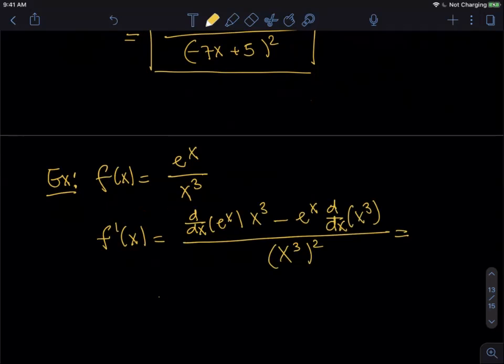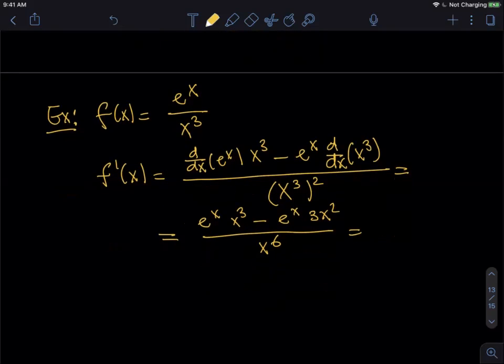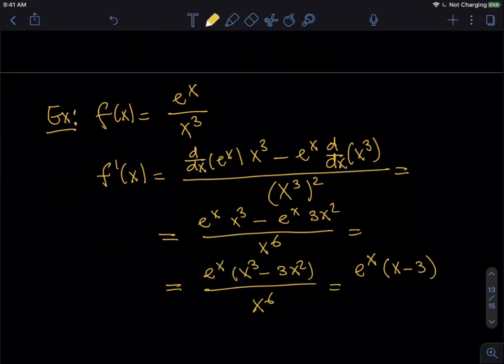All right, so this is e to the x times x cubed minus e to the x times 3x squared, divided by x to the power 6. So we factor the exponential, and I have x to the power 3 minus 3x squared, divided by x to the power 6. Simplify x squared. This is e to the x times (x minus 3) divided by x to the power 4.